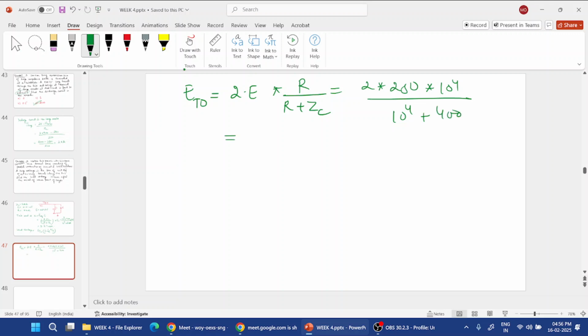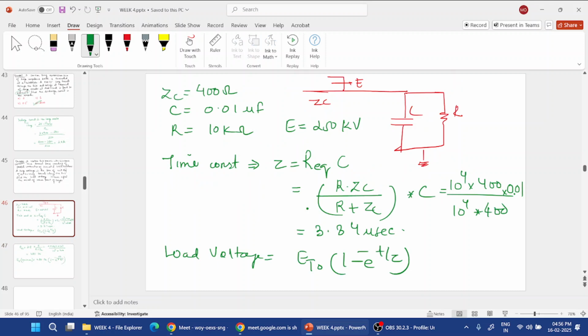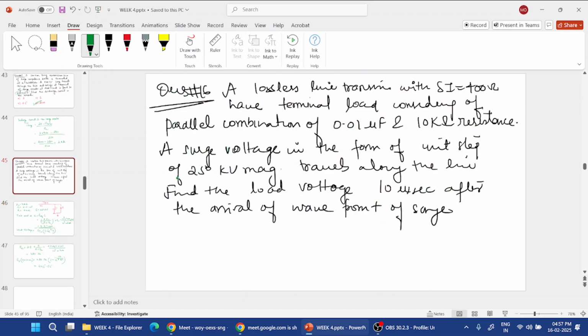It comes out to be 480.76. Now, e(t) at t equal to 10 microseconds is 480.76 into 1 minus e to the power minus 10 by 3.84. Solving it, it comes out to be 445.05.